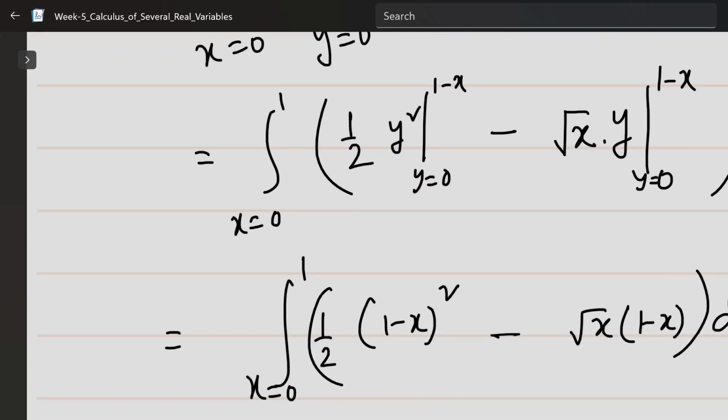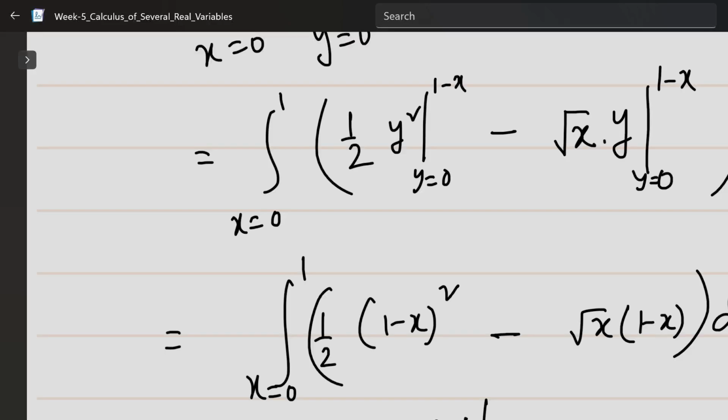It looks like a complicated integral, but it is very simple. It is (1 minus x) cube by 3, and the minus comes because the coefficient of x is minus 1, with x running from 0 to 1.